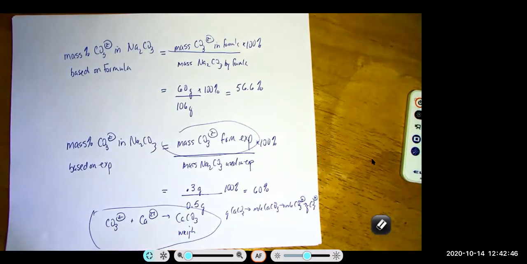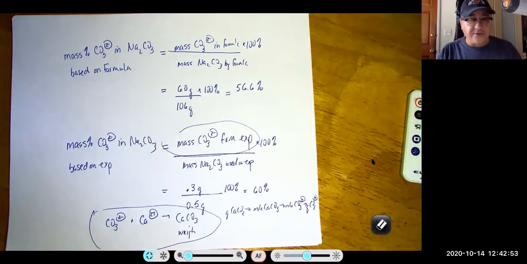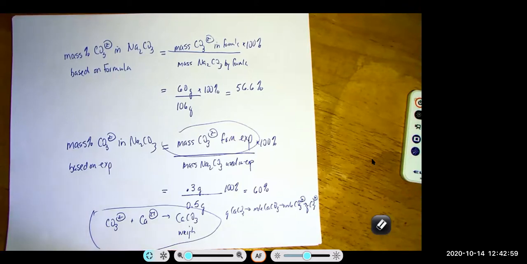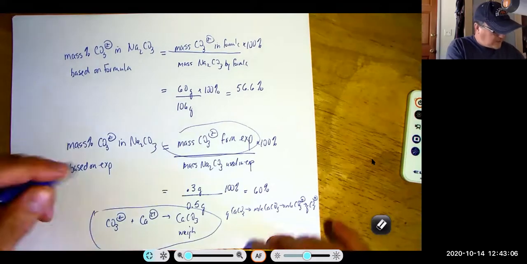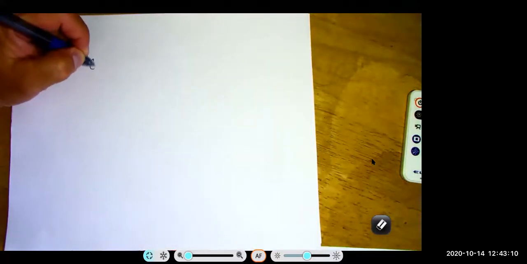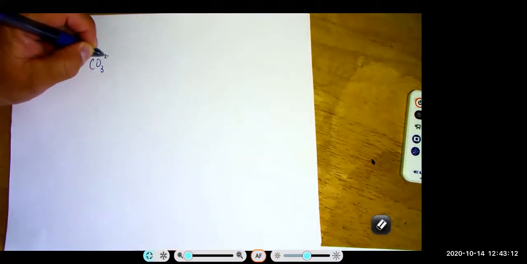Are we using the ratio in the net ionic reaction? Whenever you go from moles of one thing to another thing in a chemical reaction, use the coefficients from the balanced reaction. So do we use the net ionic or the full reaction? Well, here, I just want to make sure whether I do it right or not.